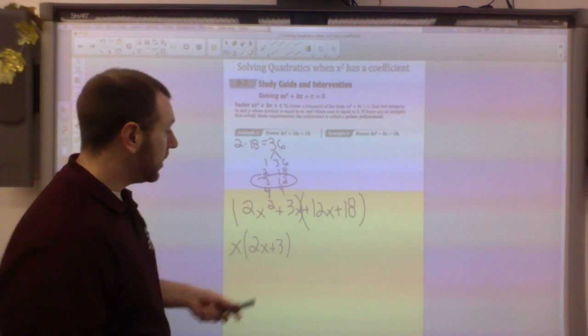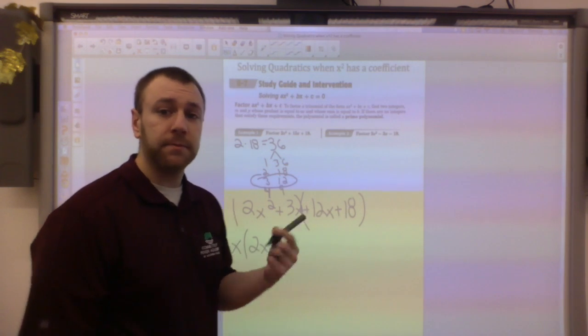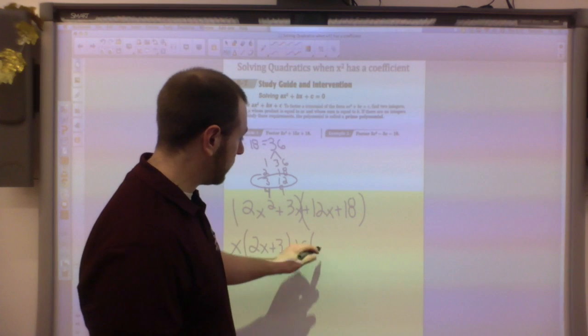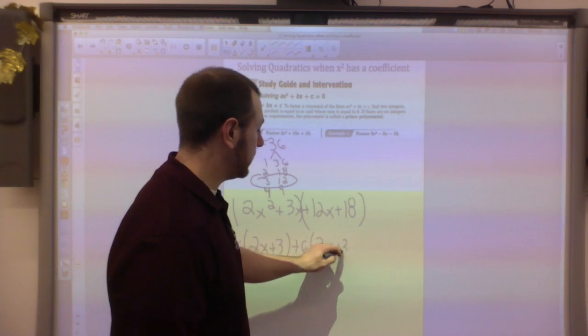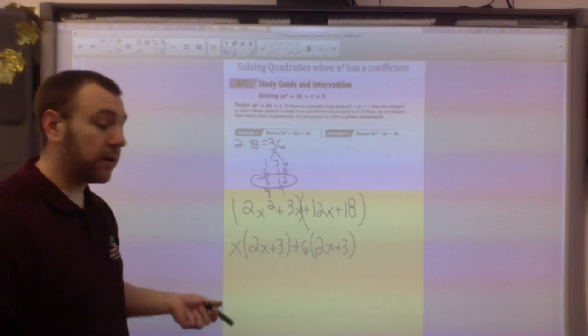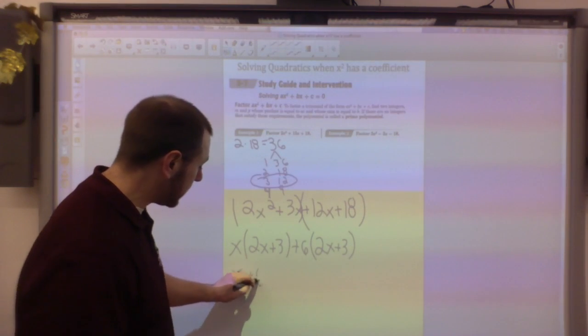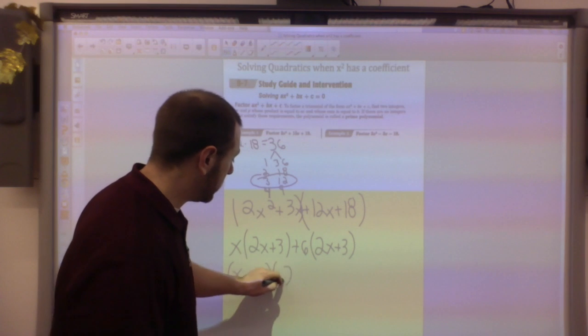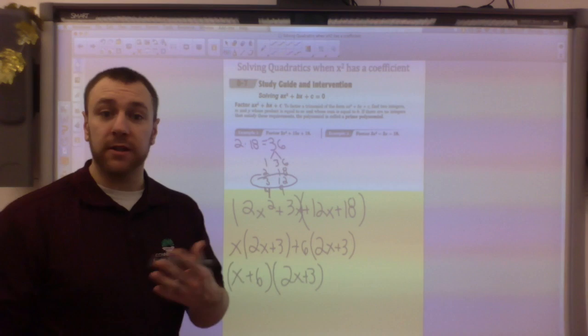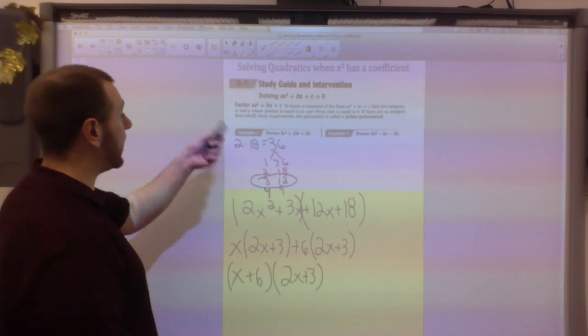Next, I see a 12 and an 18. What's common in there? Well, that would be a 6. What's left? 2x plus 3. So these two parentheses are the same, and now I can combine 2x plus 6 and 2x plus 3. You notice now that the x terms have a number in front of them. That's what creates the a.